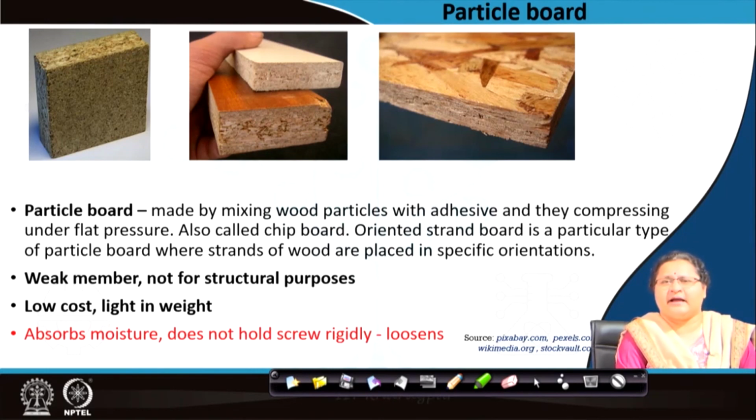You cannot apply screws because they will not hold, the fibers are not there to hold the screw rigidly. So, they will loosen with a little push to the member. Usually they do not give rigidness to screwed items, nailed items.